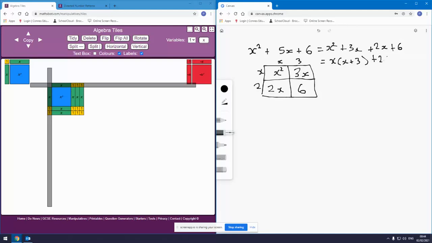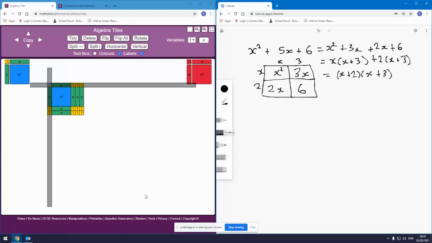So in total, my area can be considered to be in 2 parts, an x by x plus 3 and a 2 by x plus 3. And then when I combine these together, I, of course, just get an x plus 2 by x plus 3 rectangle.